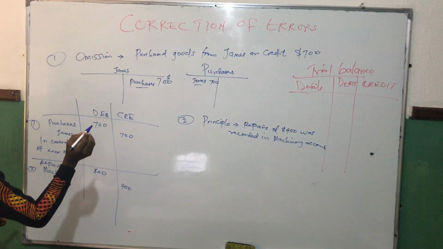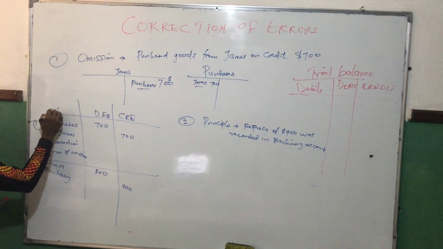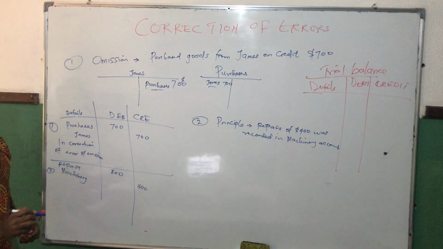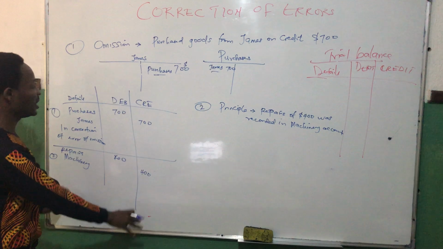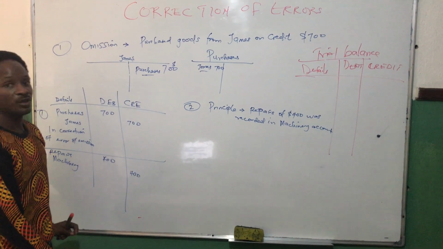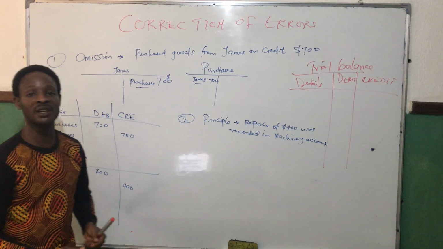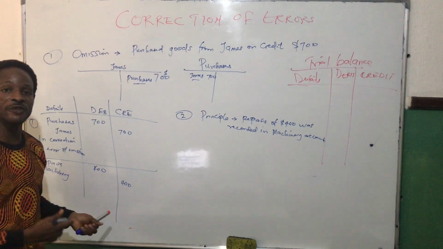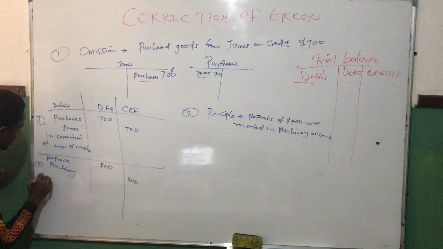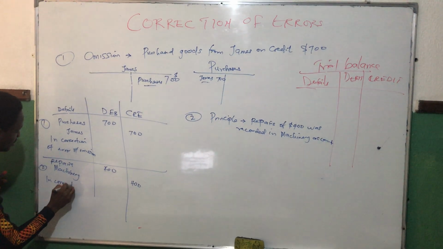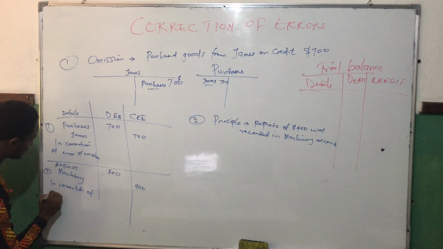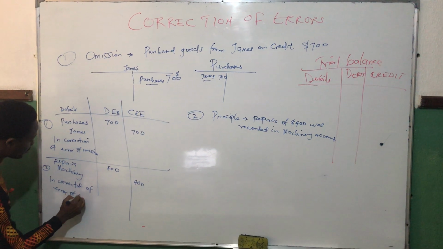This is okay. This is the details. Kindly note, this thing that I'm doing is a general journal to show the correction of the errors, the 2 errors that I've already made corrections for so far. So this is in correction of error of commission.